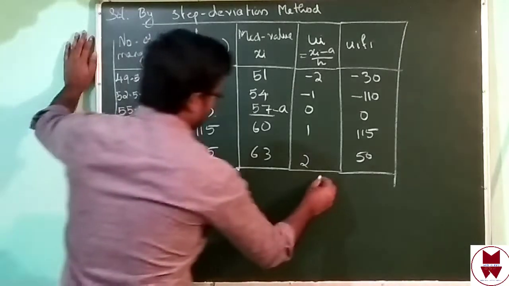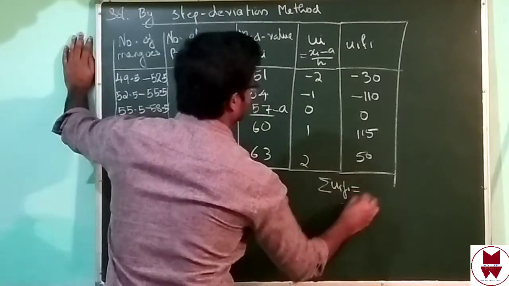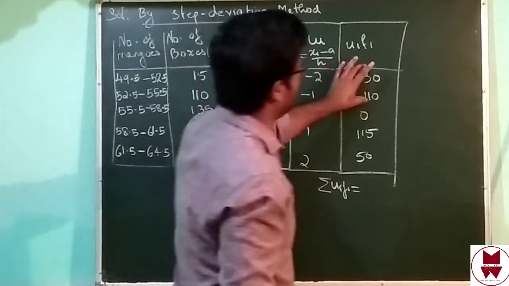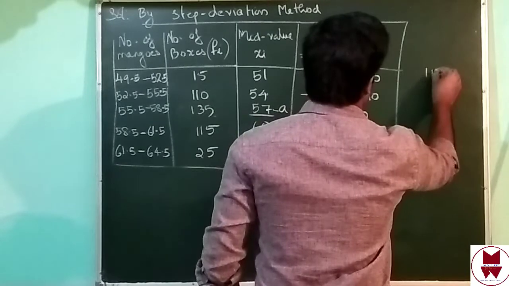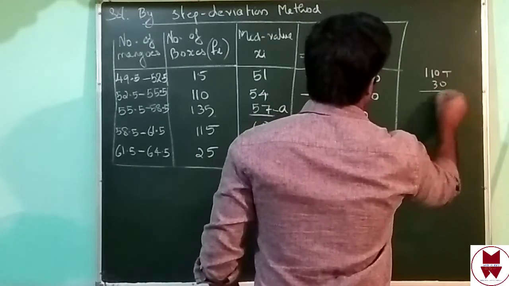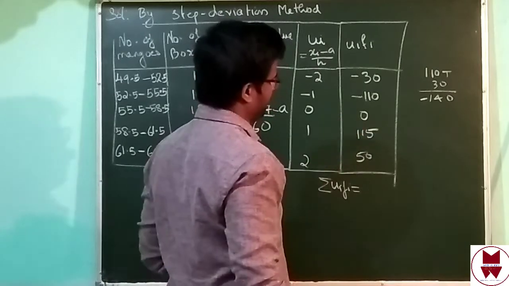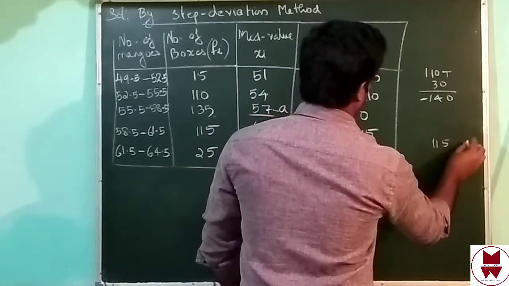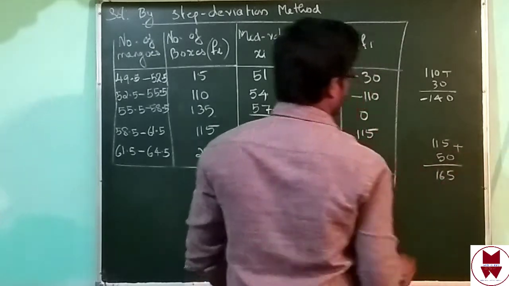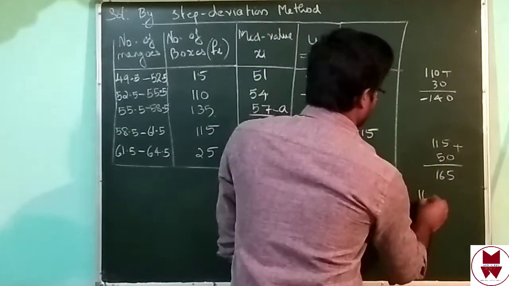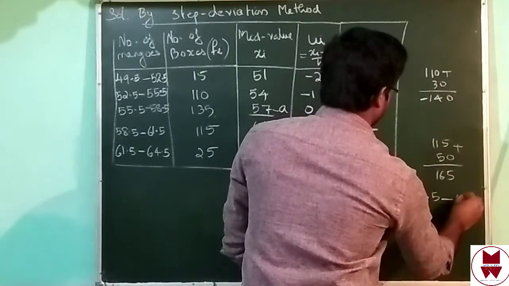Then sum of ui fi: first add these negative numbers, 30 plus 110. You will get 140, negative. Then add these positive numbers, 115 plus 50, 165. Then subtract 165 minus 140. What will you get?